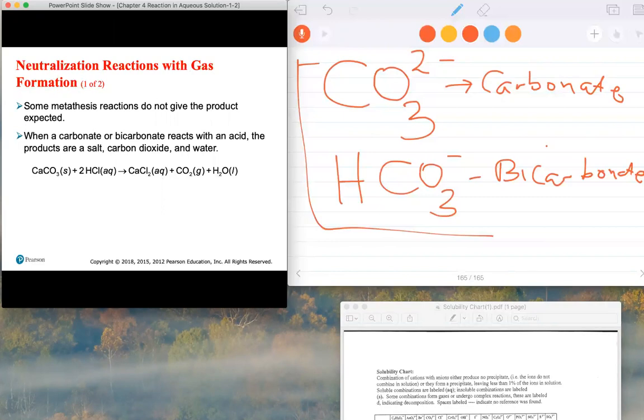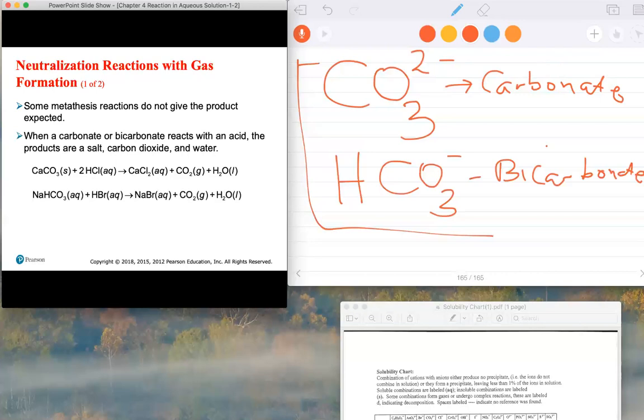If you look at the physical states of the molecular equation, you can tell which one you're going to split. I'm going to split this, I don't split this. That's where we are going with the net ionic equation.